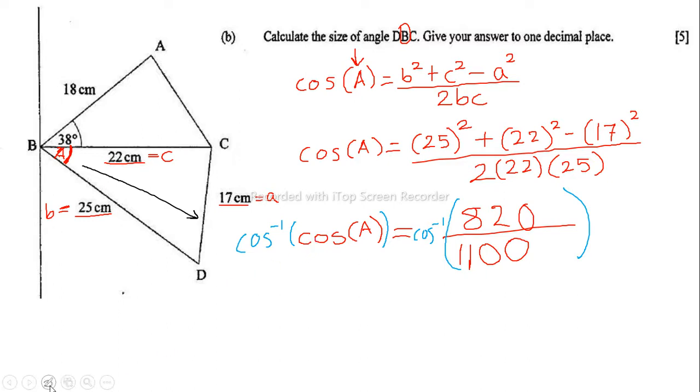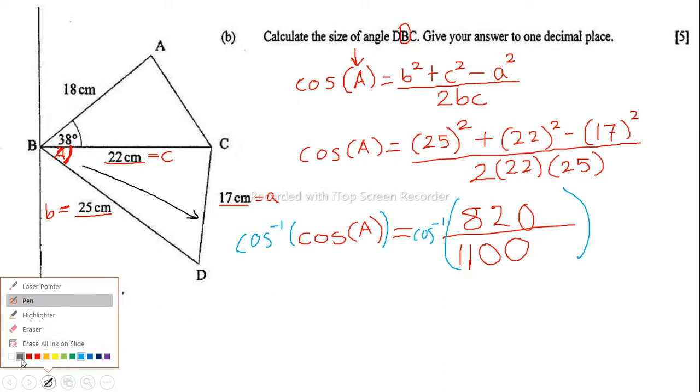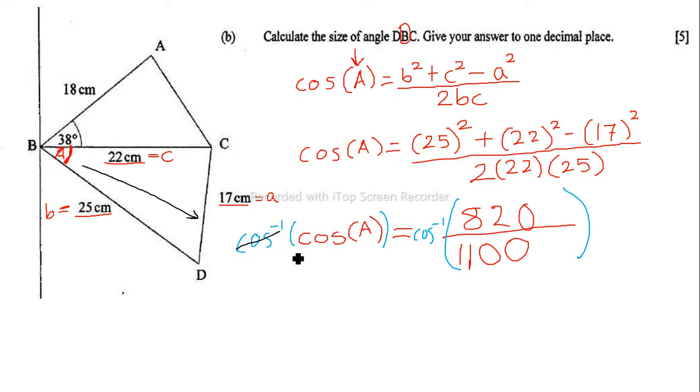So the inverse and the function cancel. So we are left with A equals, the -1 canceling with that, so it's going to be cosine inverse of 820 divided by 1100.